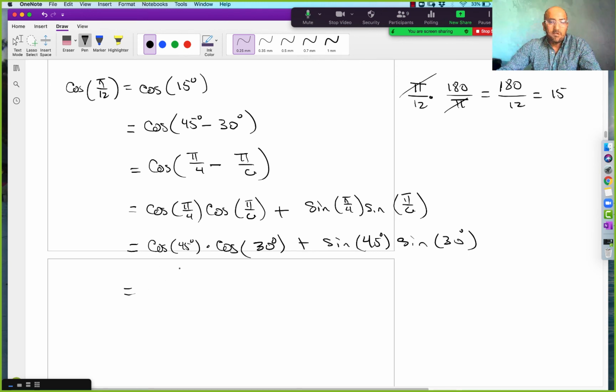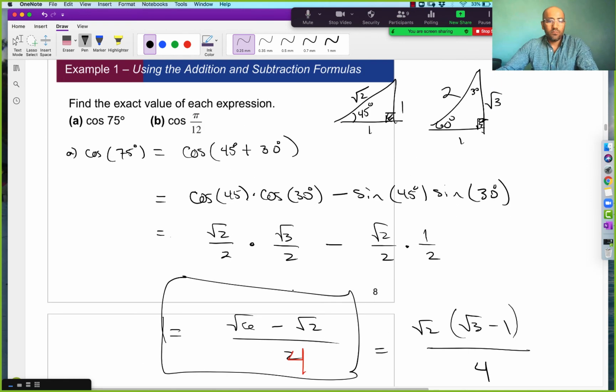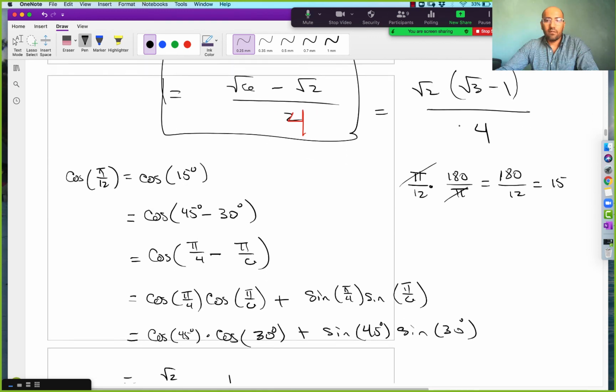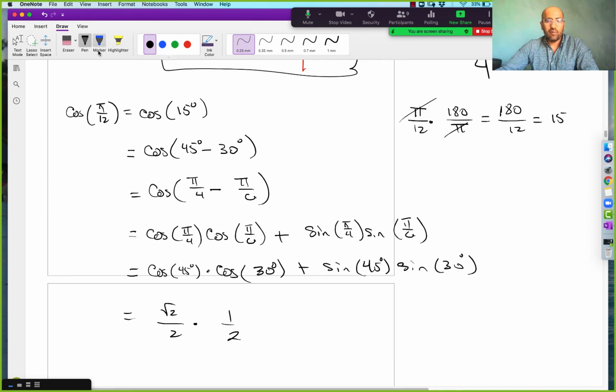Good. So this is still root 2 over 2 times cosine of 30 degrees. What did I do? Cosine of 30 degrees is root 3 over 2. You guys aren't catching me on any mistakes I make.